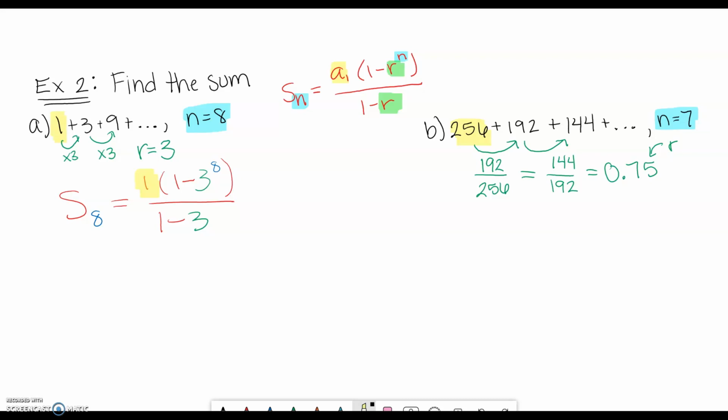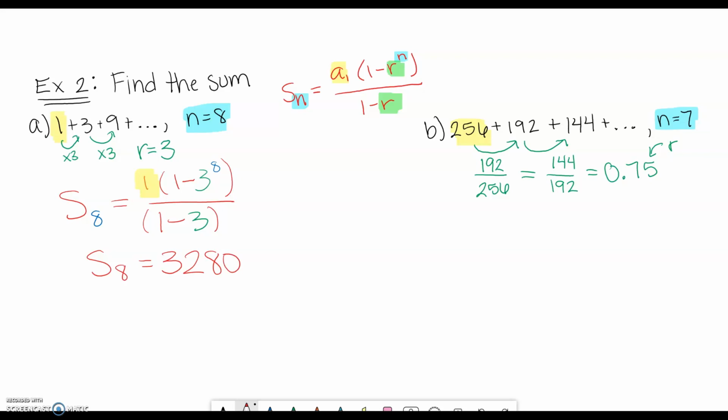And then when you plug it into your calculator, also plug in the bottom with parentheses, or only plug in -2. So if you plug that into your calculator, your final answer is the sum of all 8 terms is 3,280.